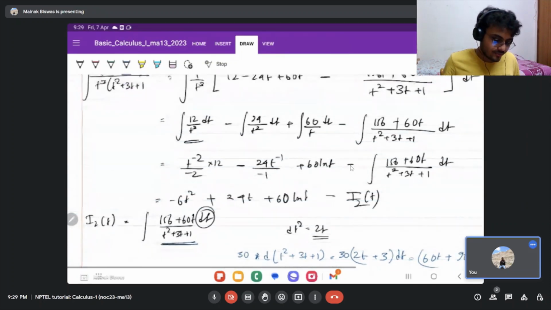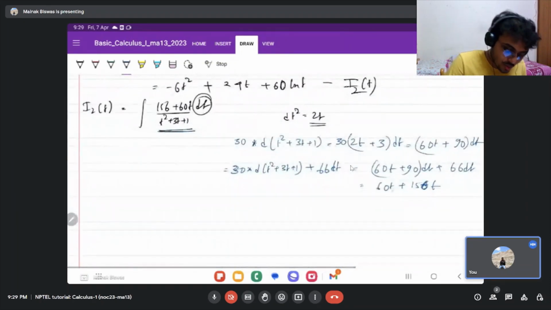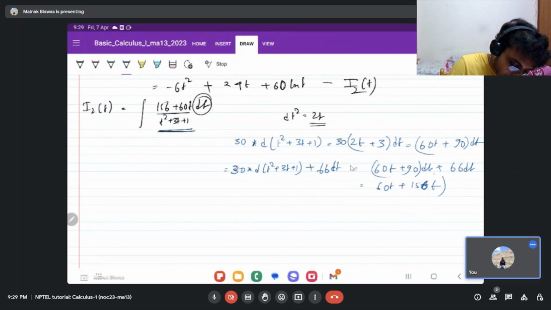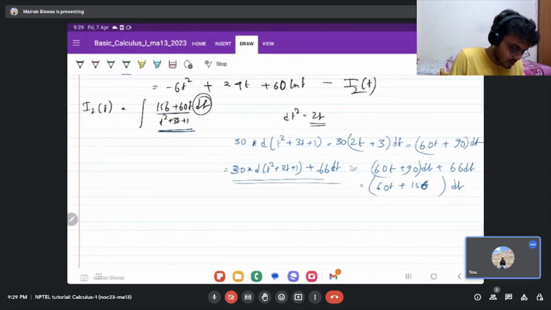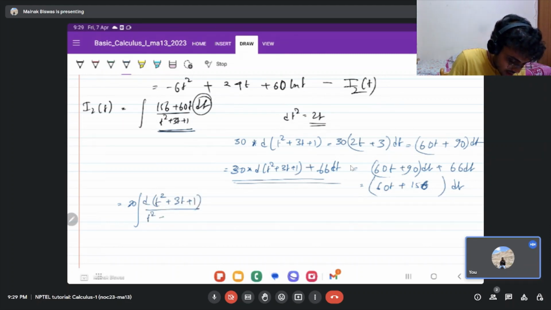So this is the idea, which is what we want in the numerator. So we need to replace the numerator by this term. So we get 30 times d of t square plus 3t plus 1 by t square plus 3t plus 1, plus 66 dt by t square plus 3t plus 1.